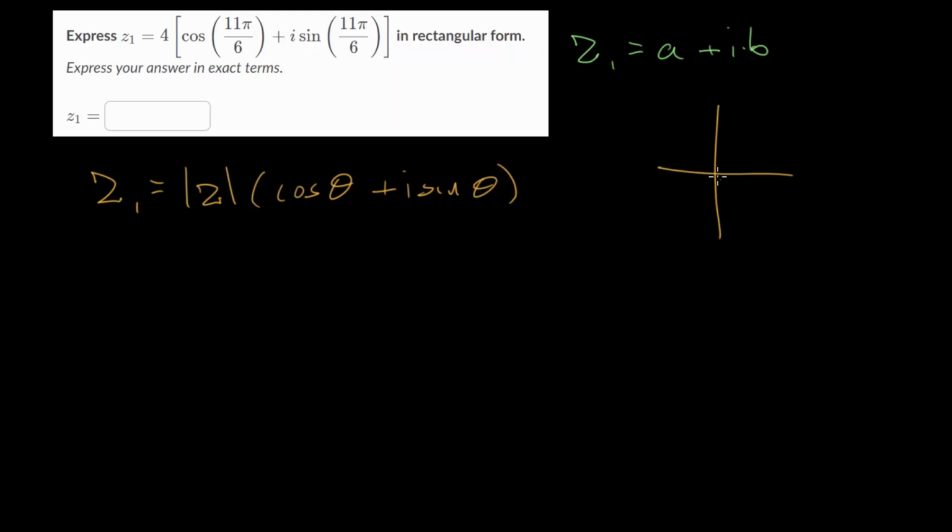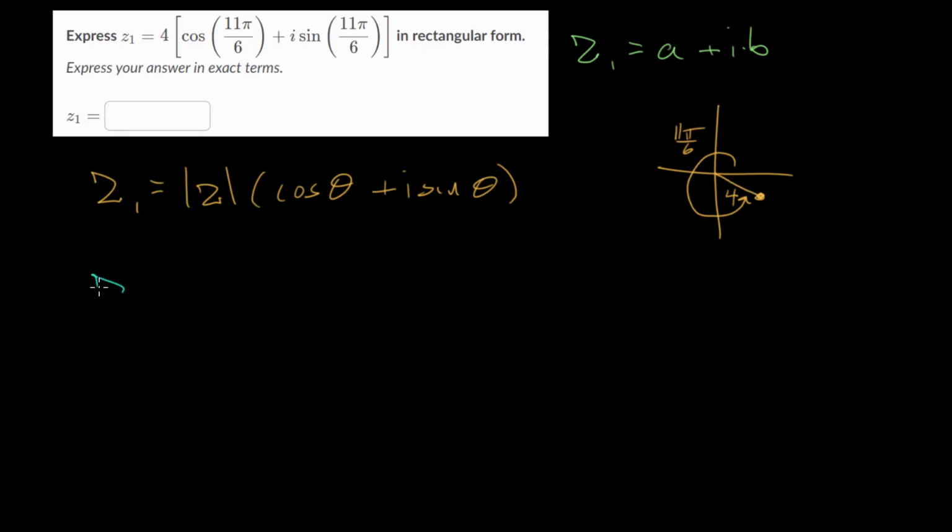So this angle is slightly less than that, meaning that our complex number is roughly right about here in the complex plane, give or take a little bit in terms of its angle, but this distance here is 4, and like I mentioned, this angle here is 11 pi over 6 radians. Now, the goal of this is to convert this to rectangular form.